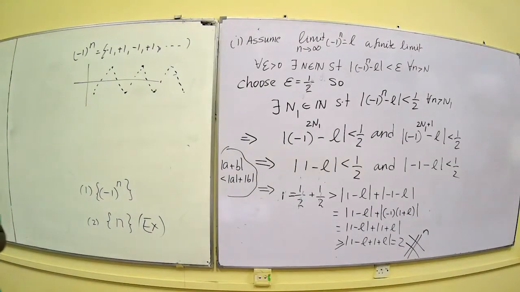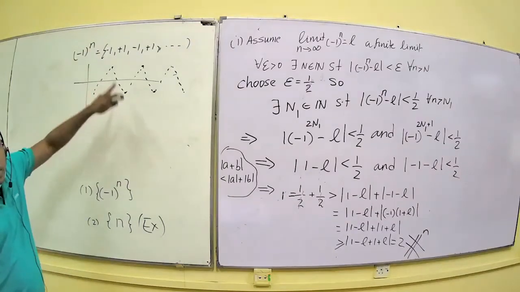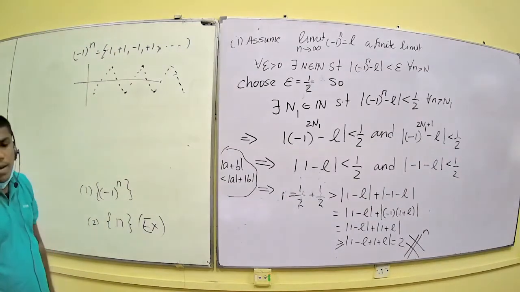Here in this sequence, you can see that (-1)^n is actually -1, plus 1, -1, plus 1.